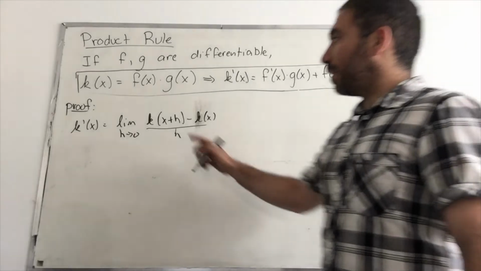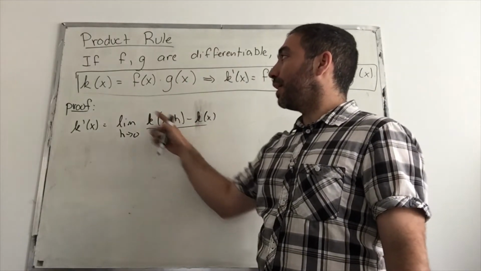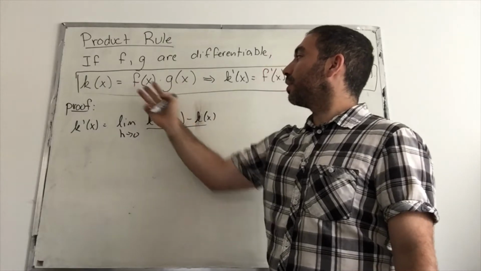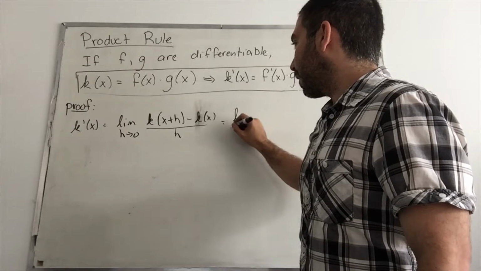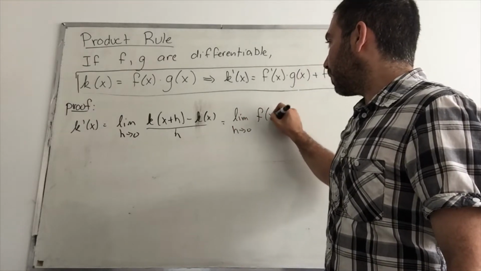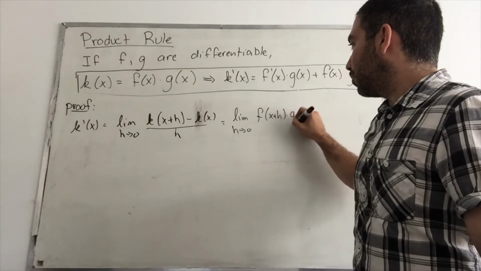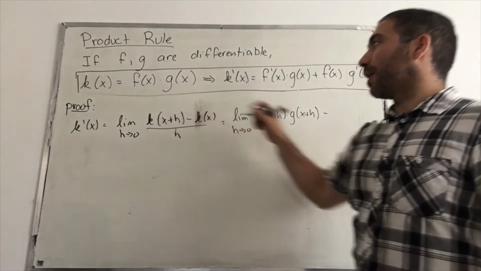Okay, and if k of x is equal to f of x times g of x, then for k of x plus h, you're just substituting the x's with x plus h, giving us the limit as h tends to 0 of f of x plus h times g of x plus h, and then minus k of x, which is just f of x times g of x.